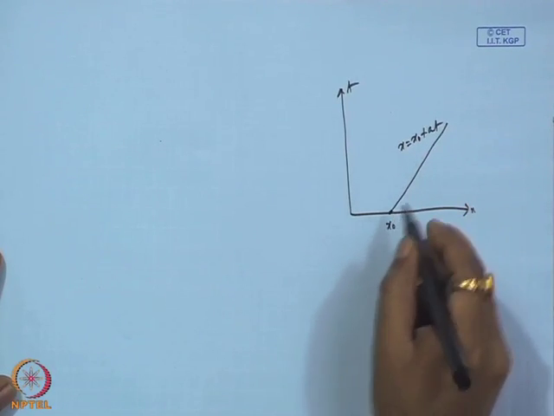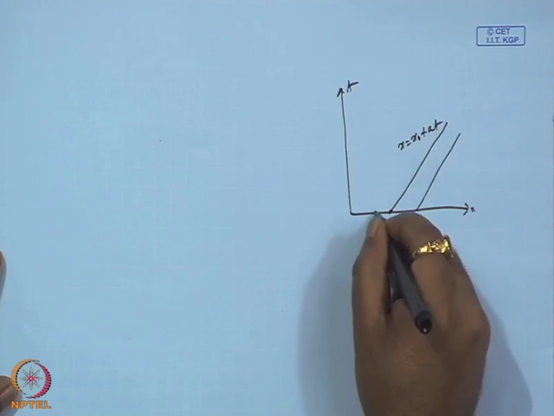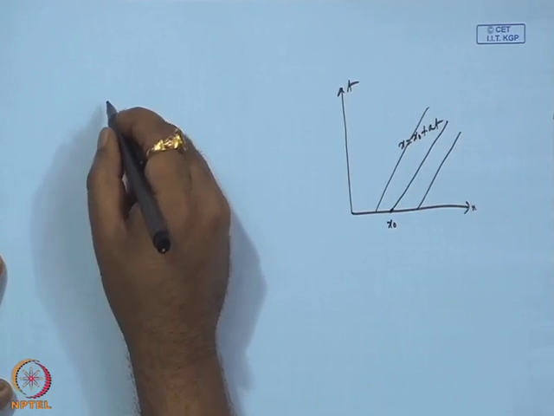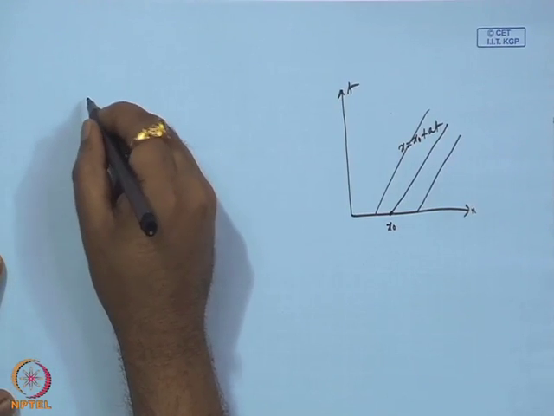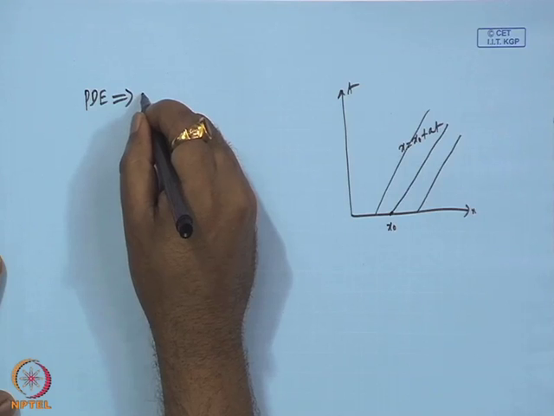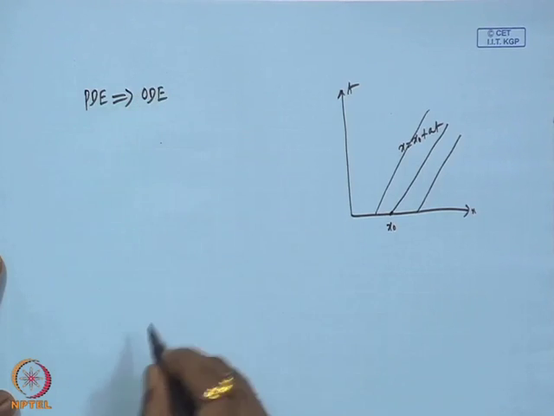So, these are the characteristic curves. Characteristic curves in some sense reduce PDE to ODE.